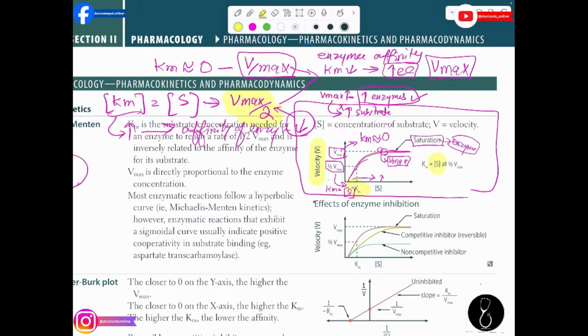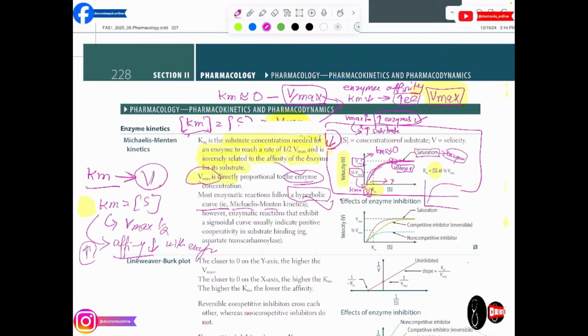It is also a statement of Michaelis-Menten kinetics: the enzymatic reaction will give you a hyperbolic curve. In a hyperbolic curve there is one point where the curve flattens, and that point is Vmax. And Vmax is only changed if you increase the concentration of enzymes.